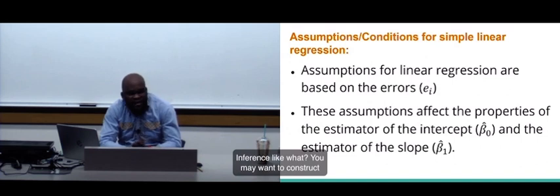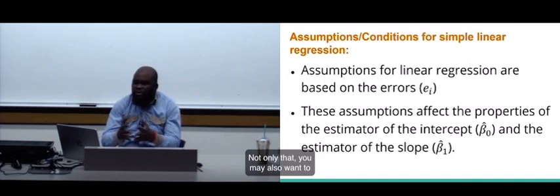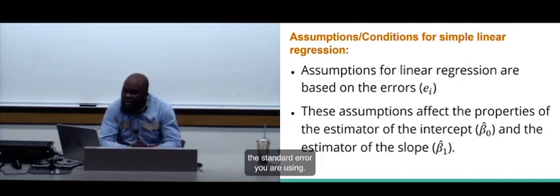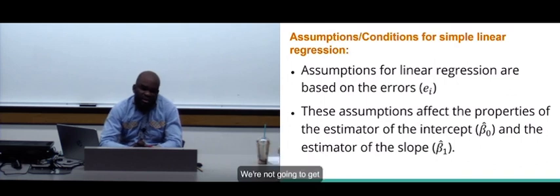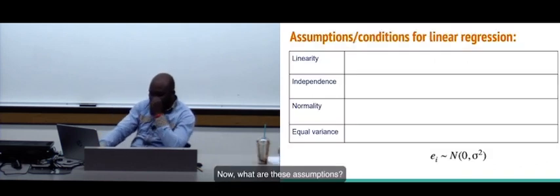Inference like what? You may want to construct a confidence interval around the parameter. Not only that, you may also want to conduct a hypothesis test about the parameter. If the standard error you are using is problematic, you are not going to get a good result, and you could be misled.